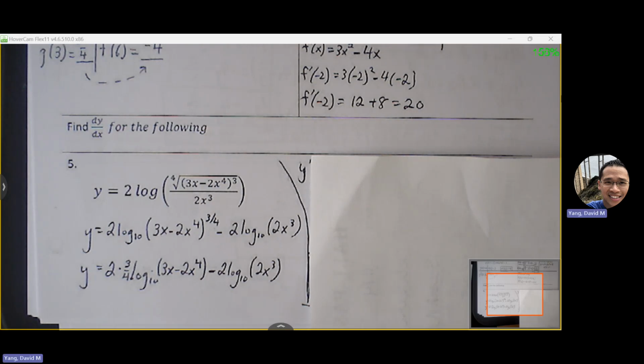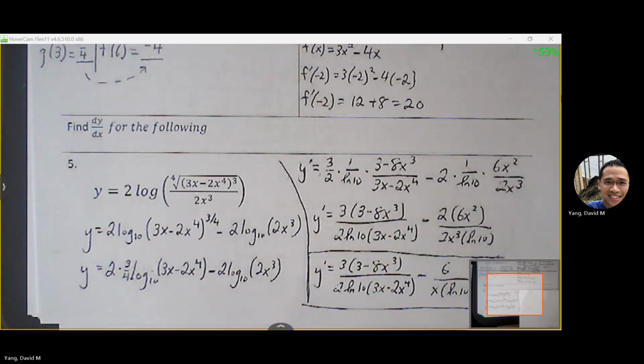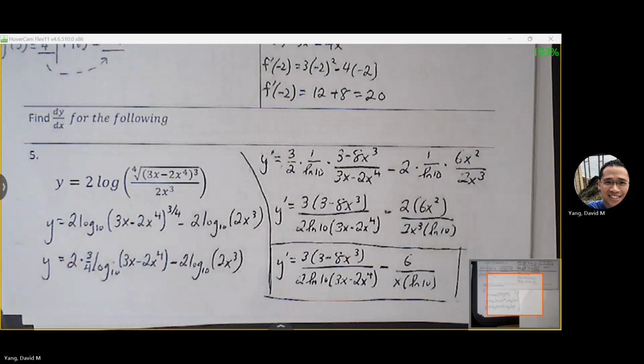So this is all the expansion steps that I took. After this, we can jump into our derivative rule. Again, once you find your derivative, you don't have to do all the cleanup.